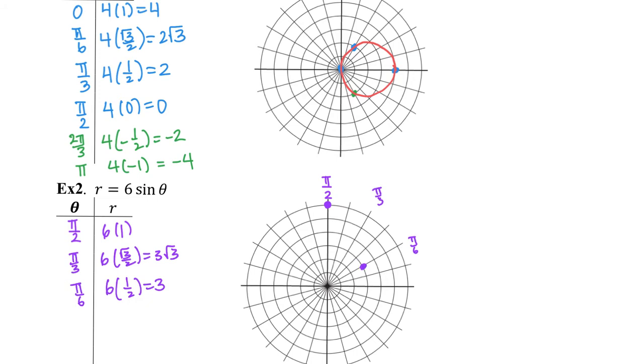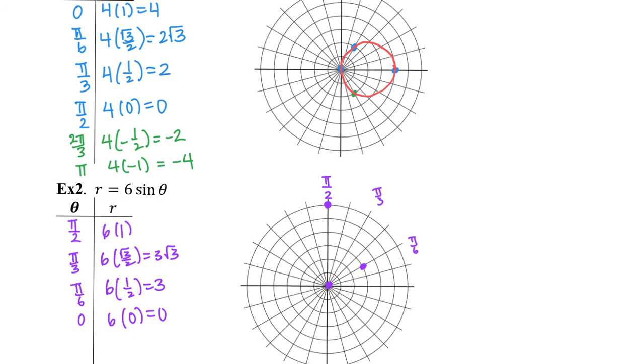Okay, now let me keep going down to here. This is 0. Okay, the sine of 0 is 0. So this is going to go right here. Okay, now weirdly enough, because of symmetry, I actually have enough points. If I'm not sure, I can always plug in another point. So let me see.